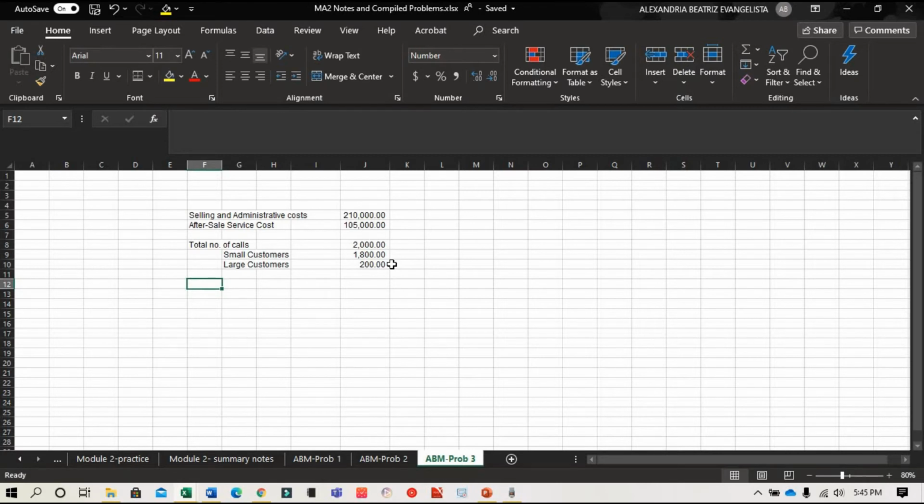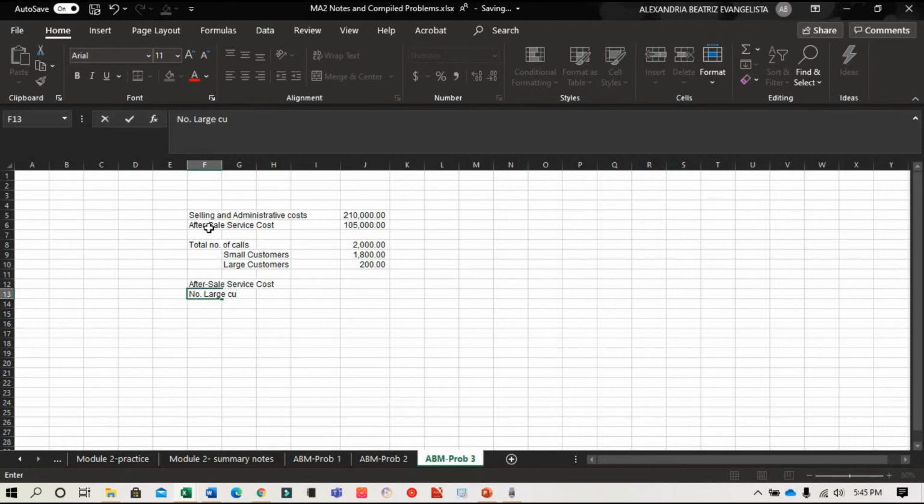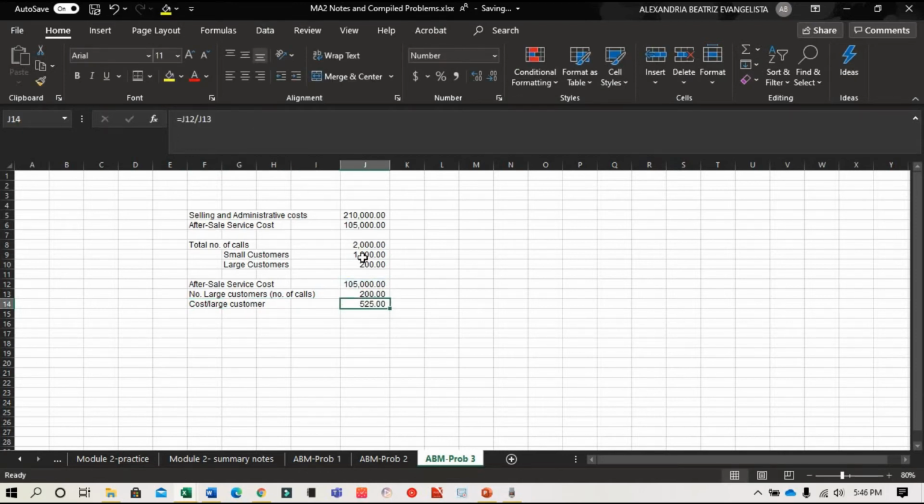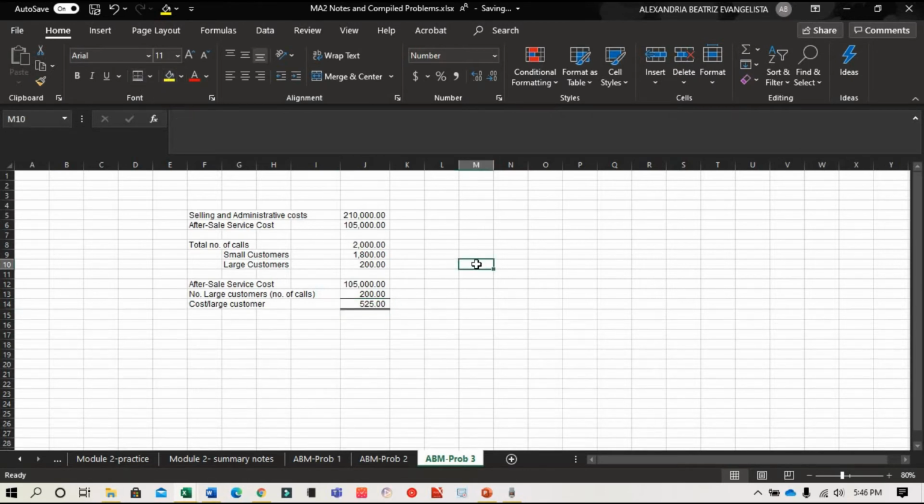So we just have to simply divide the after-sales service cost by the total number of calls for large customers. 105,000 divided by 200, so our cost per large customer is 525. So that is for problem number 3.